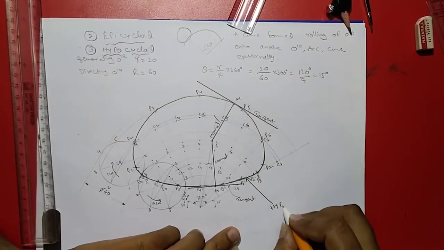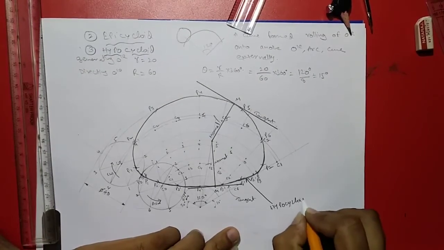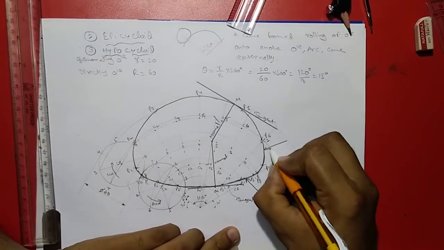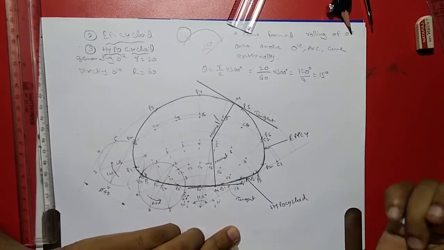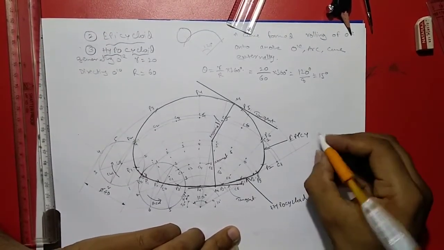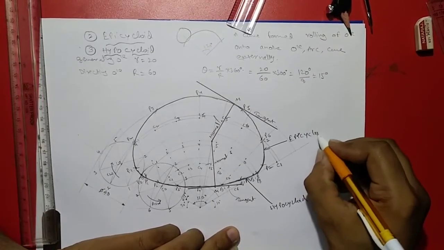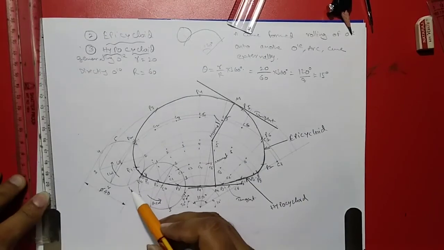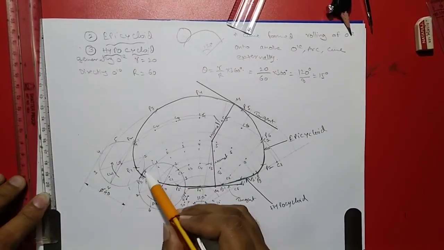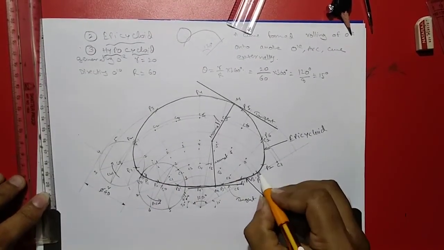This is the hypocycloid, and this is the epicycloid. Epicycloid, circle rolling outside the directing surface.